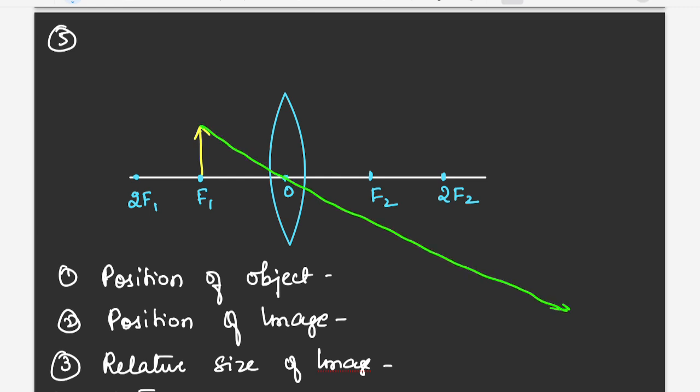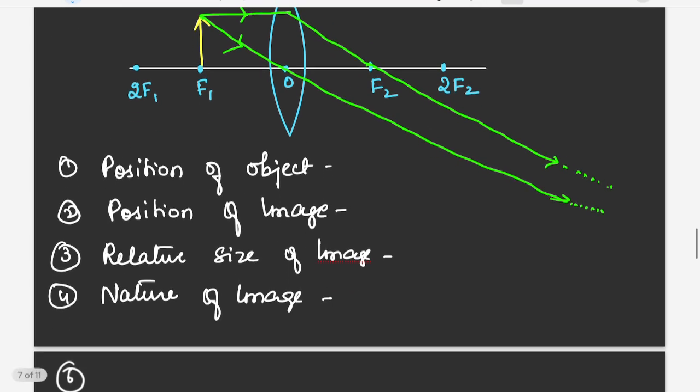Second, draw one ray which is parallel to the principal axis, and then it should pass through the focus like this. Both the rays will not meet. They are going to meet at infinity. Therefore, the image will be formed at infinity.